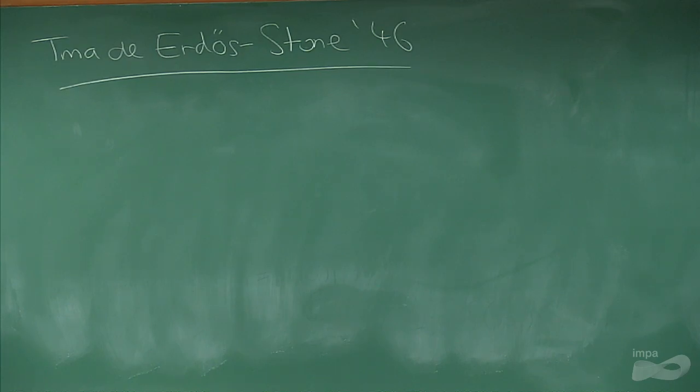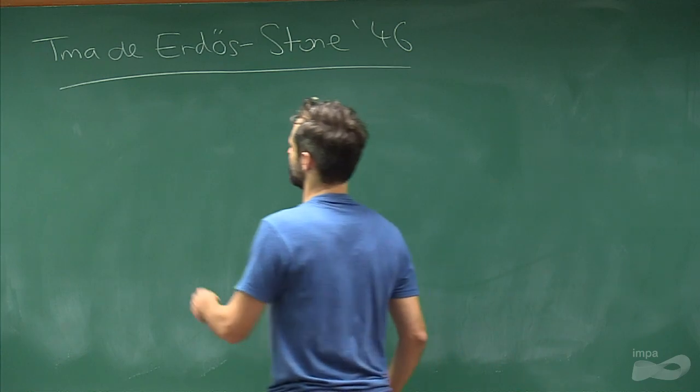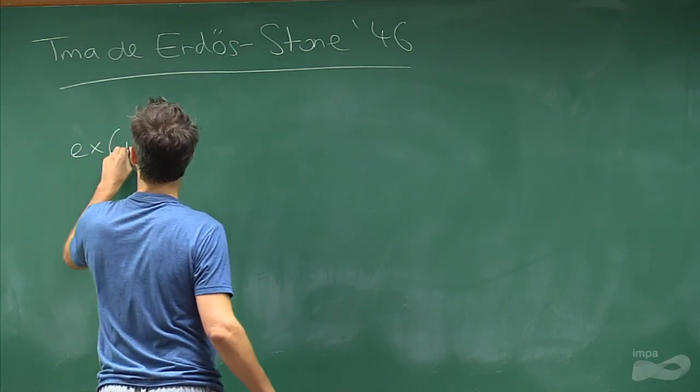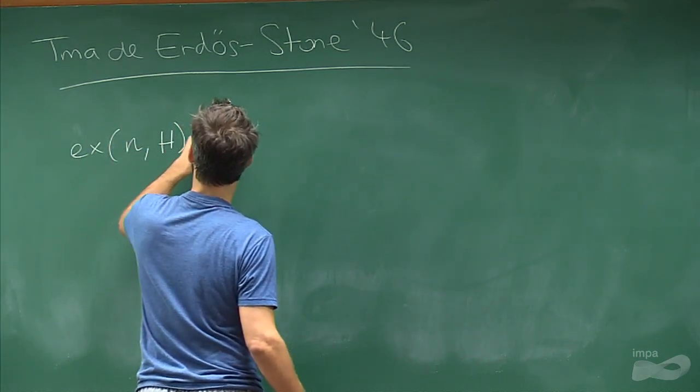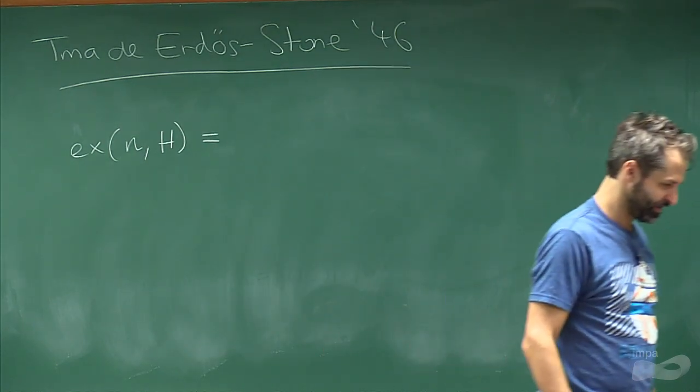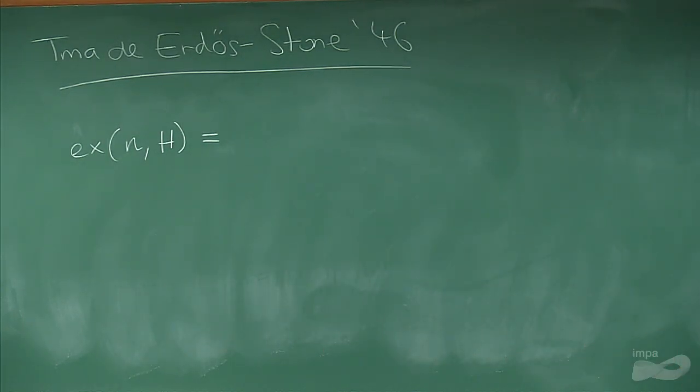That is sometimes called the fundamental theorem of extremal graph theory. What it gives is sometimes an asymptotic for the extremal number of any graph H. Well, you'll see that's not quite true, what I said.